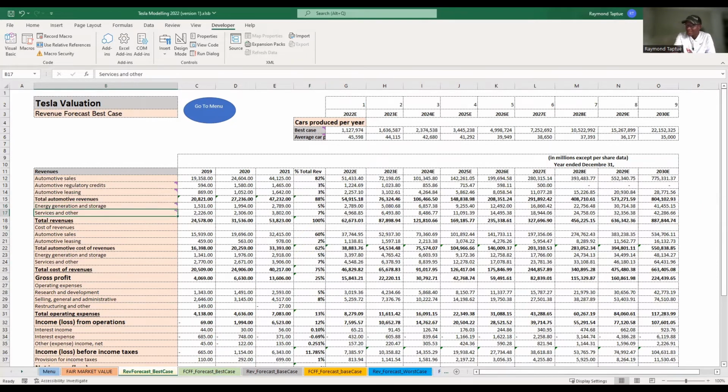Now, for the last line, which is service and other, I used the same approach and determined a rate of about 31% per year. And this is what I've been able to get till 2030, meaning that this line will produce about 42 billion in revenue in 2030.